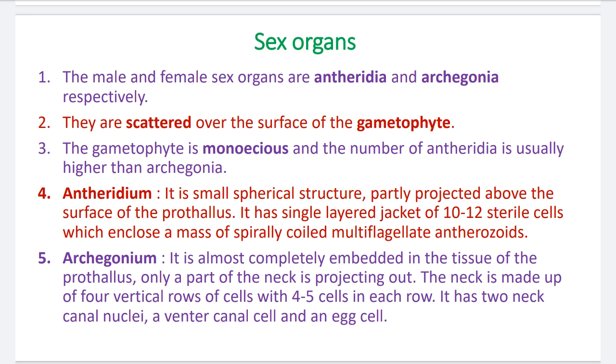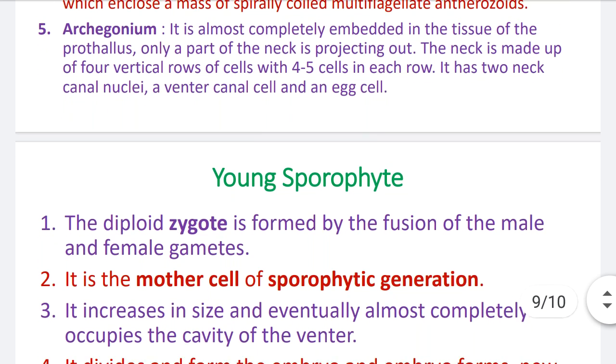The neck is made up of 4 vertical rows of cells with 4 to 5 cells in each row, meaning there are 4 to 5 neck canal cells. It has 2 neck canal nuclei. A venter canal cell is there, and an egg cell. An egg cell is always present below in the archegonium.